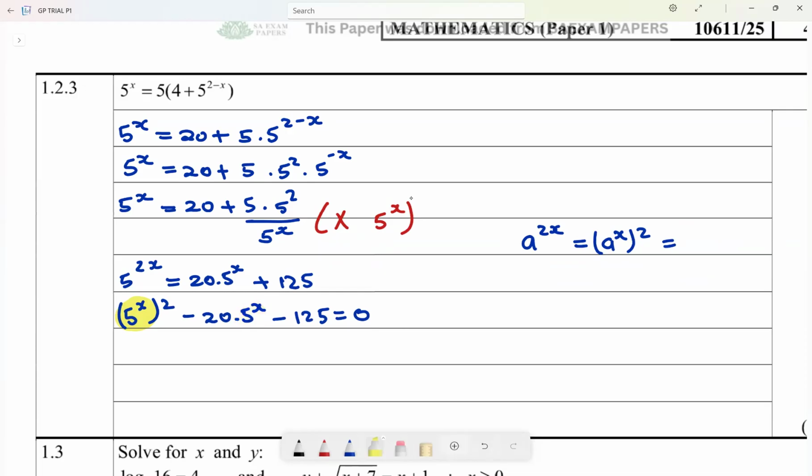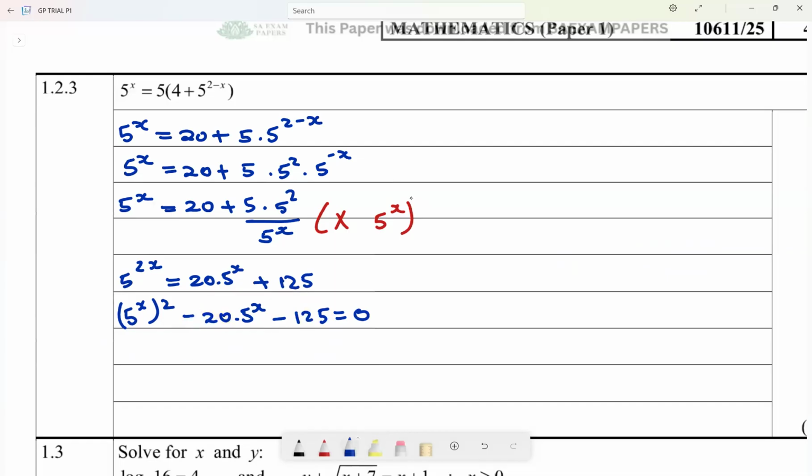Now I want you to see it is something squared minus 20 times something minus 125. So if you take 5 to the power of x as k maybe, it's going to be k squared minus 20k minus 125. Can you see this is a typical quadratic? What's important is to find factors of 125 such that when you subtract them, they give you 20.